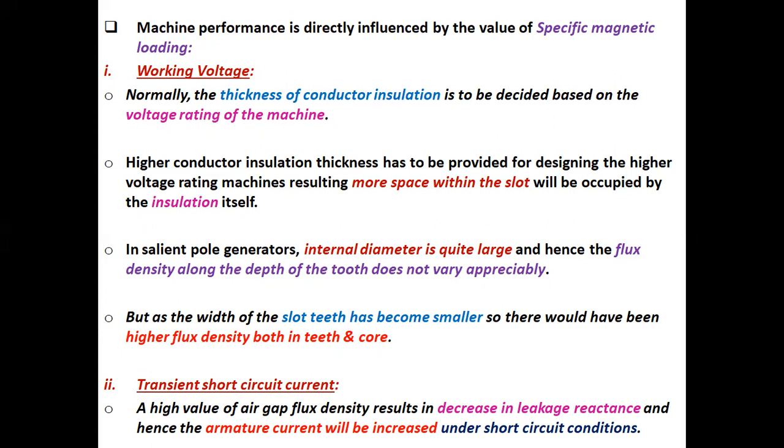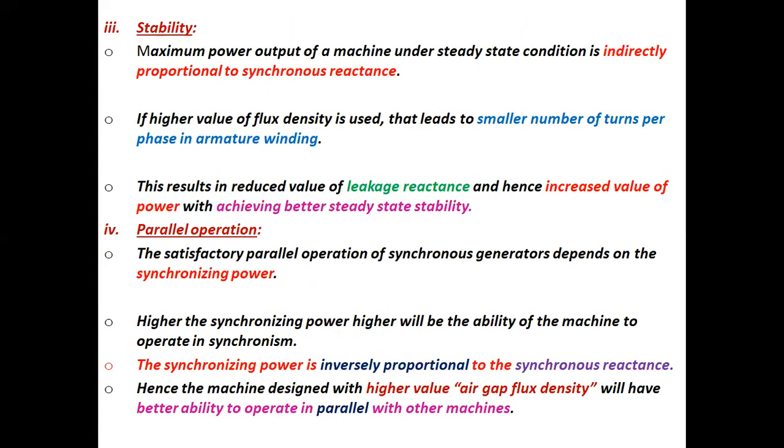Number 2, transient short circuit current. A high value of air gap flux density results in a decrease in leakage reactance, and hence the armature current will be increased under short circuit conditions. Stability.